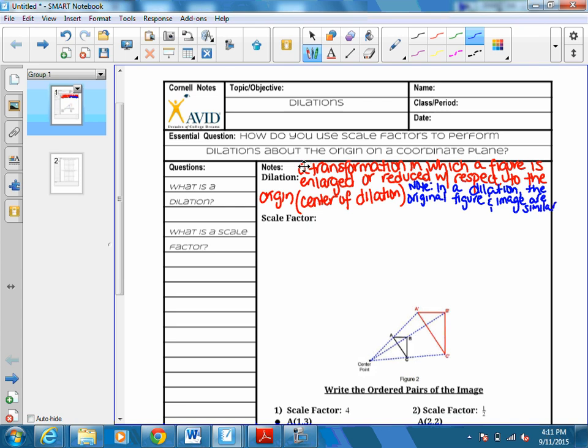The next thing that we need to talk about is a scale factor.